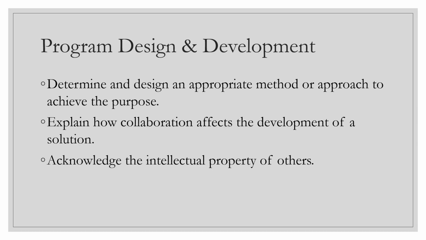In essence, a lot of the ideas in this critical idea are similar to the critical idea of program function and purpose, but slightly different because now we are talking about program design and development. In this case, it's all a matter of determining an appropriate method or approach to achieve the purpose. And in a lot of different programs, there will be different methods of trying to achieve the same old purpose.